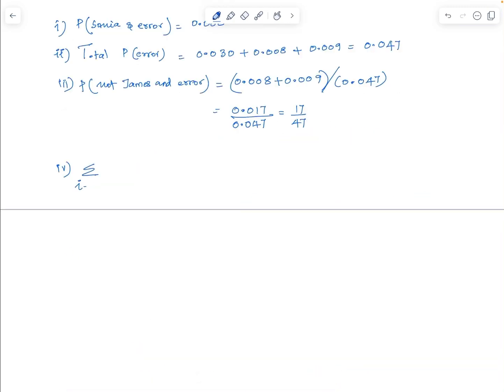Sigma i is equal to 1 to 3 P of Ei given E. This can be rewritten as P of E1 given E plus P of E2 given E plus P of E3 given E.